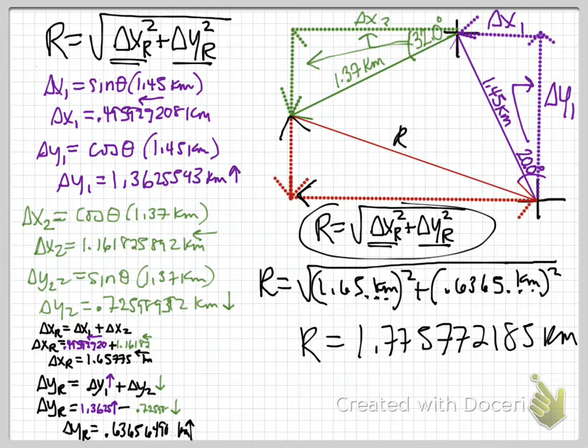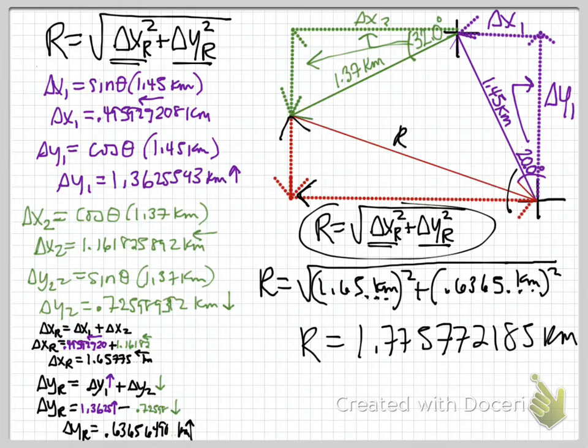Now we just have to get our heading. We're always looking for the angle between the resultant and the first vector. Normally we would say this angle, because that gives us our resultant displacement to get to where we are.